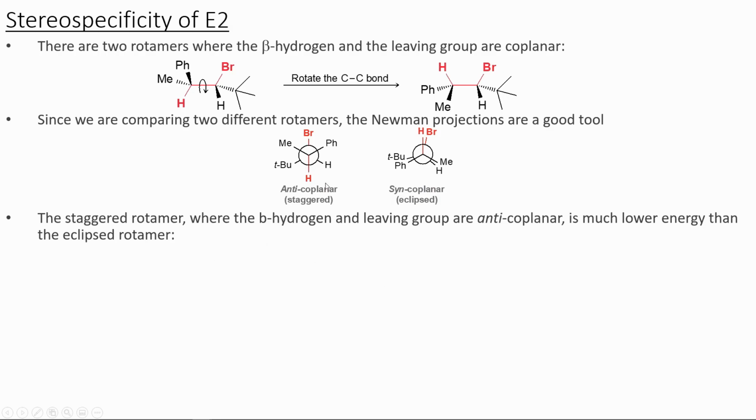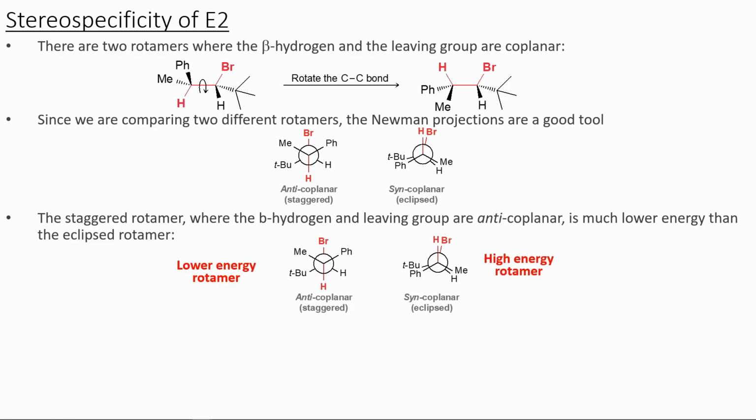So the starting energy of the anti-coplanar is going to be much lower than the eclipsed rotamer. As a result, the molecule is going to be in the anti-coplanar conformation in a much higher amount. This is an equilibrium that the molecule is between, but it's highly favored in the anti-coplanar.